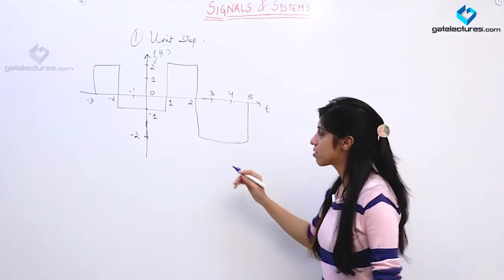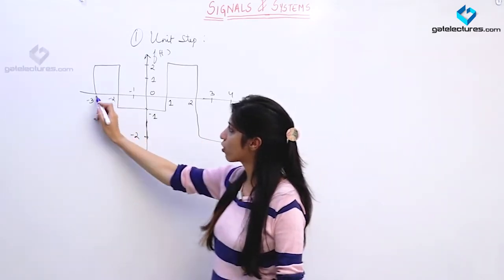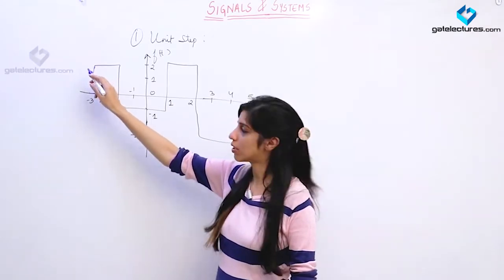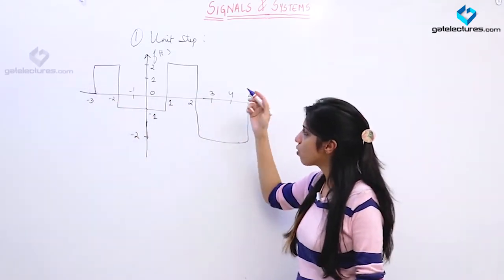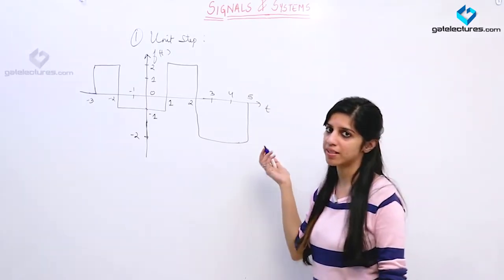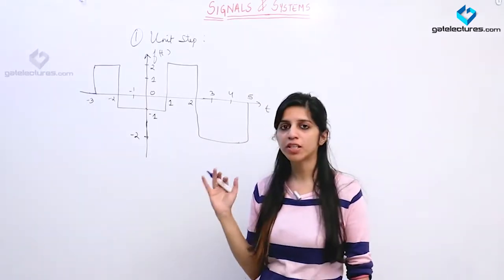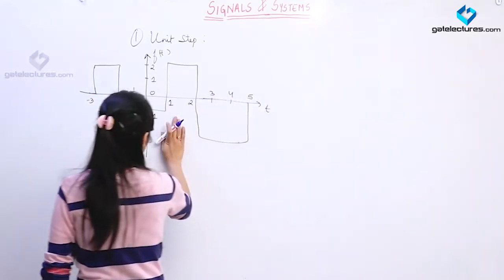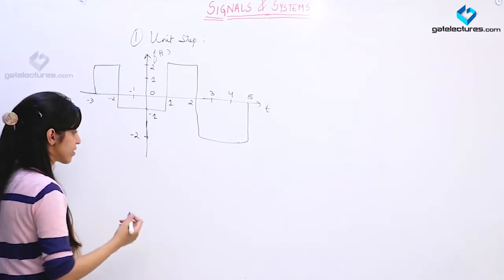As we can see, this signal has got only steps. It is only having step changes. So what we are trying to say is that a signal like this can be represented completely using shifted unit step signals. How? Before this question I am taking a small example.